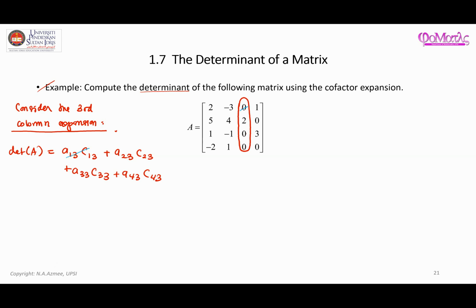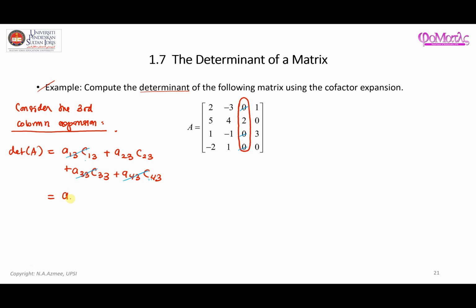This is 0 also, so here is also going to be 0. Therefore, like I said just now, we have reduced a lot of steps. We don't need to find the cofactors for these three items right here.